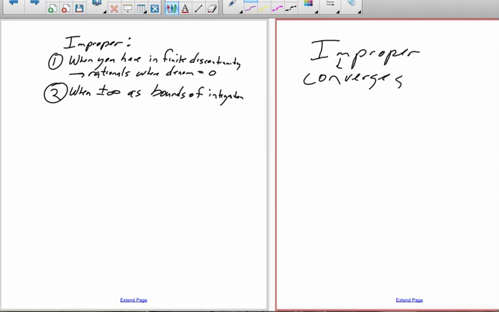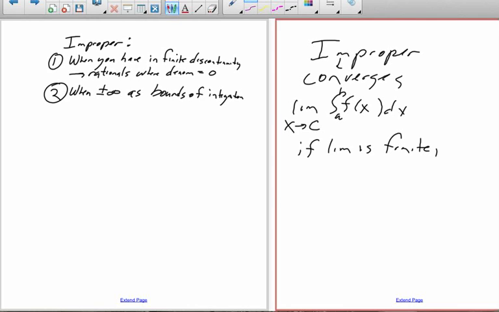To do that, you take the limit as x goes to whatever value you have a problem at, and if the limit is finite, then the integral converges.